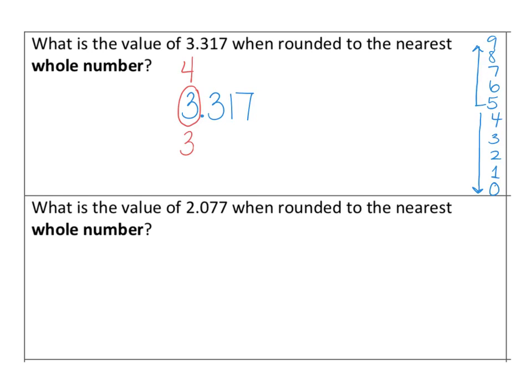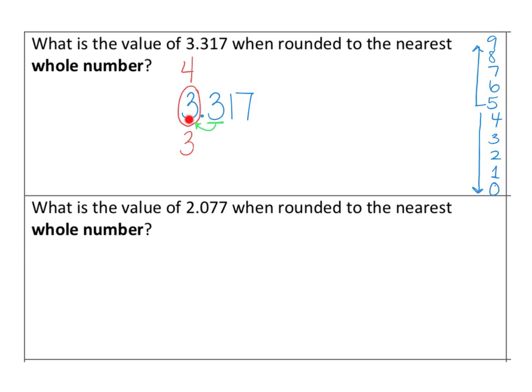So when we're rounding, we look at the neighbor, the number to the right. And he is going to be what we call the bossy neighbor. He's going to tell this guy what to do. All right, so this 3 is bossy. And he says to this 3, I'm a 3, and 0, 1, 2, 3, and 4 always round down.